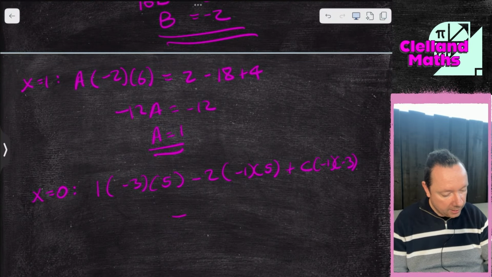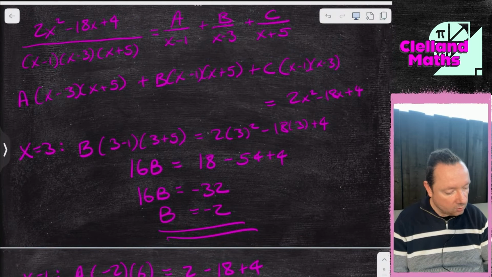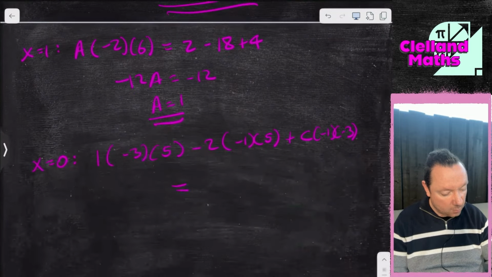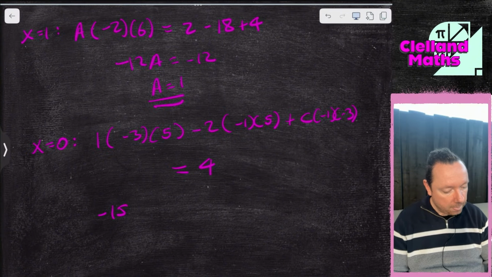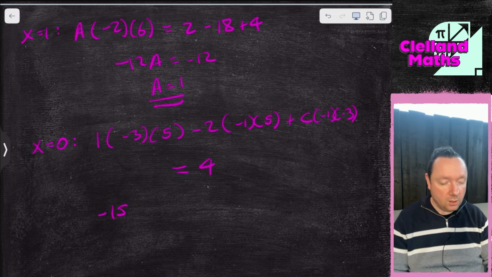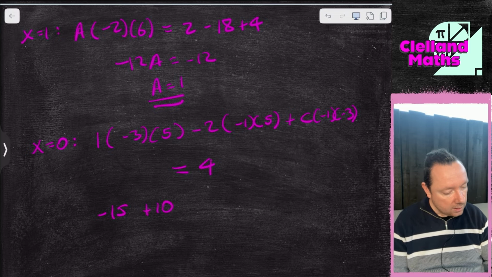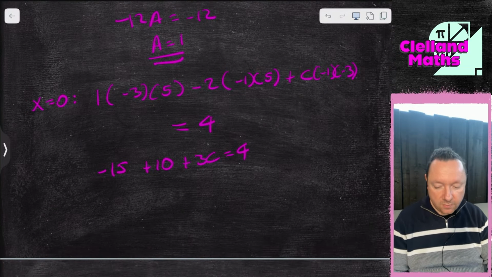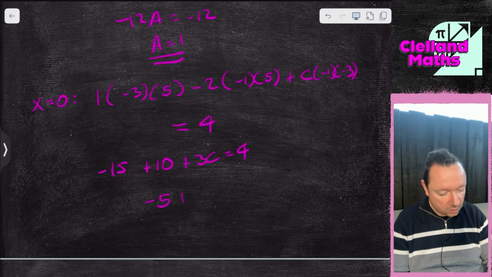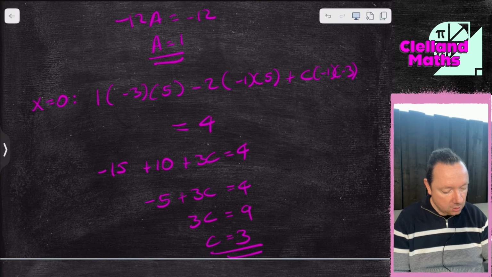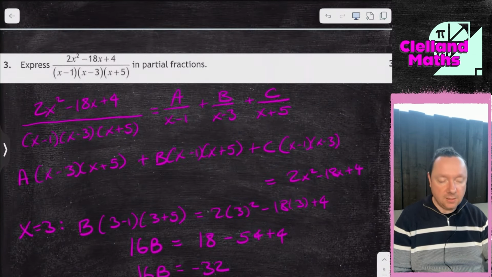That is going to equal the right-hand side, but all the x's will cancel, so 0x squared, 0x, so just the number 4. Minus 3 times 5 is minus 15. Minus 2 times minus 1 is 2, times 5 is 10. Then we've got plus 3C equals 4. Minus 15 plus 10 is minus 5. So minus 5 plus 3C equals 4. So 3C equals 4 plus 5, which is 9. So C is 3.